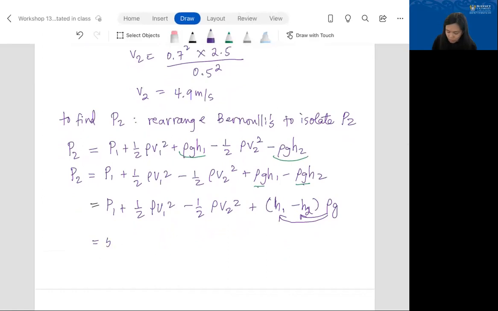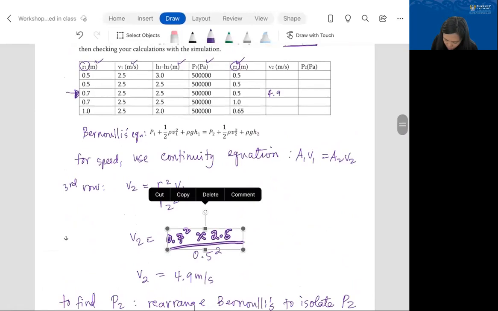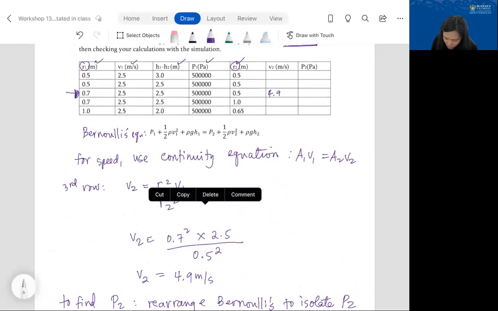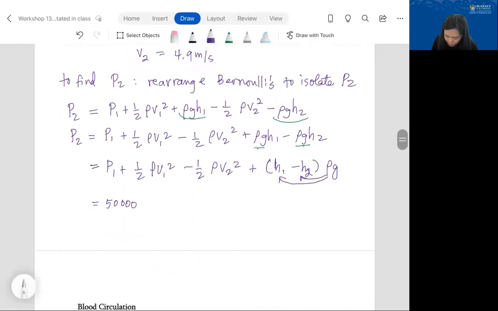So P1 is 500,000. We're doing row 3. 500,000 for P1 plus 1/2.